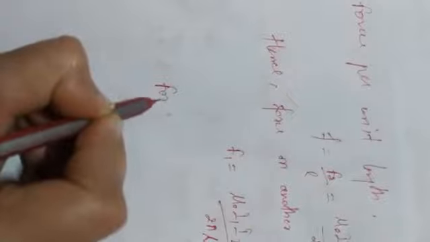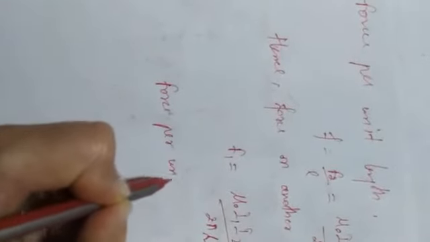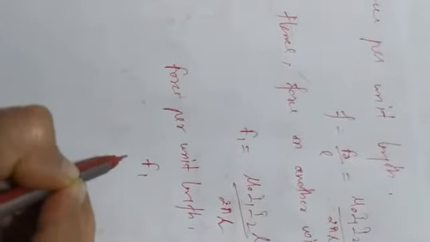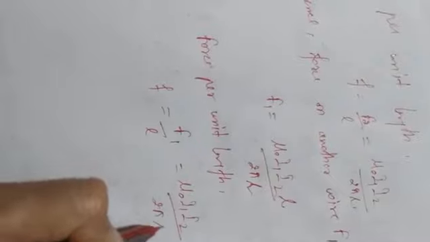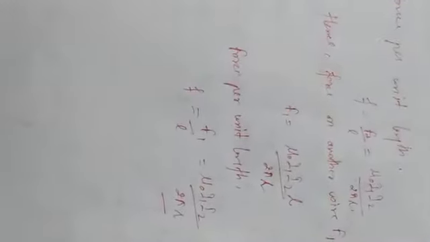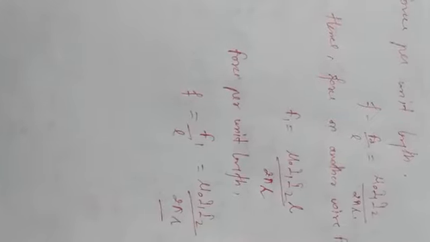F1 equal to mu naught I1 I2 by 2 pi r into L length. Force per unit length, F1 divided by L, that is small f, equal to mu naught I1 I2 by 2 pi r. The force on the first wire and second wire, both relations remain the same.